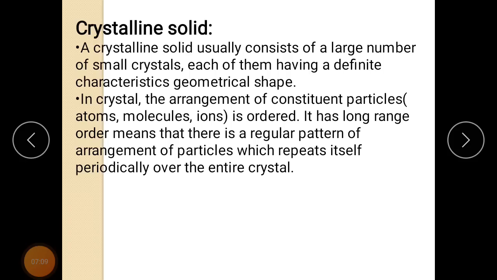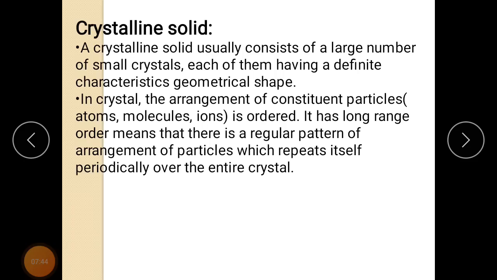So, crystalline solids. A crystalline solid usually consists of a large number of small crystals. Or we can say that it is a cluster of small crystals, each of them having a definite characteristic geometrical shape.